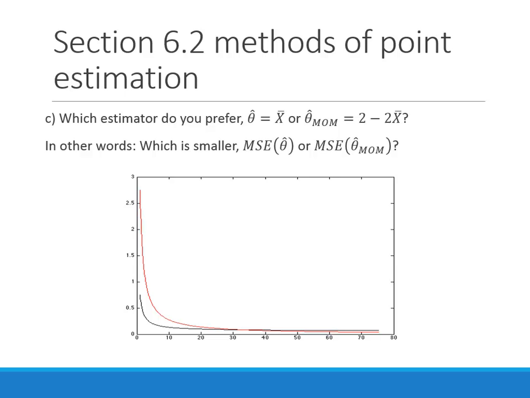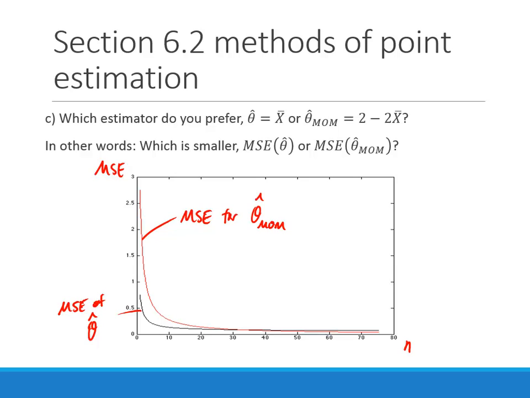Down here is my sample size n, and here's my mean squared error. This can be a good way to look at these things. This red line here is the mean squared error for the method of moments, and this black line over here is the MSE of just the first estimate that we found.